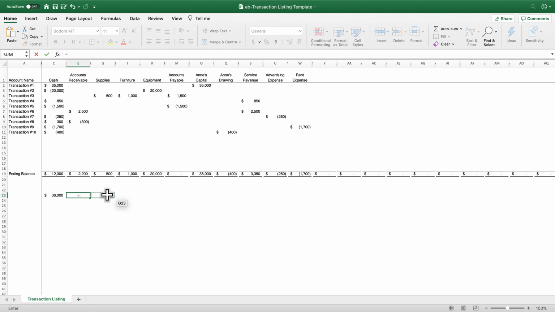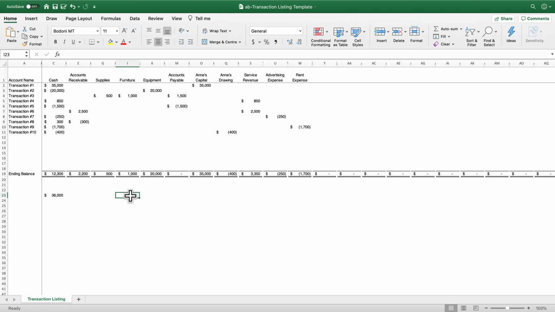Now we are going to add our liabilities and our owner's equity. Right now we have accounts payable, which is 0. So we need to add our capital. We're going to add these together here.